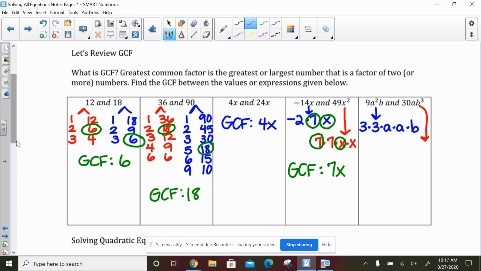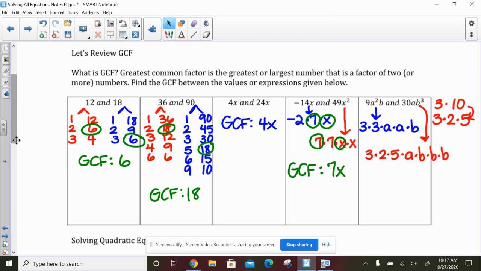Okay, so 30 is 3 times 10, but 10 can also be broken down, so it'll be 3 times 2 times 5. So I'm going to write that out. So I have 3 times 2 times 5, 1 A, and 3 B's.